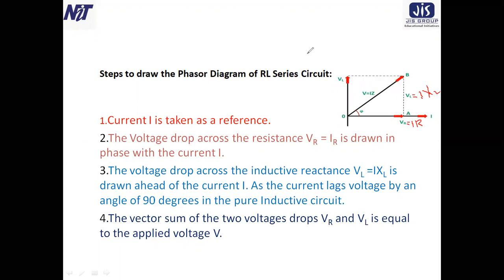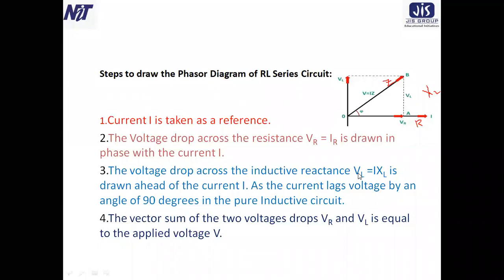Now here V equals I into Z. So now just remove all these I's. What you will find from this same voltage phasor diagram is that this phasor is the R phasor, this phasor is the XL phasor, and this one is the Z phasor.